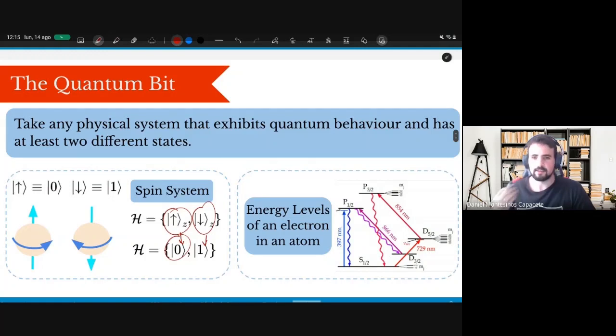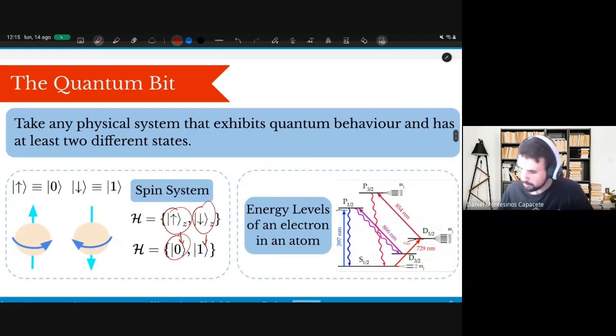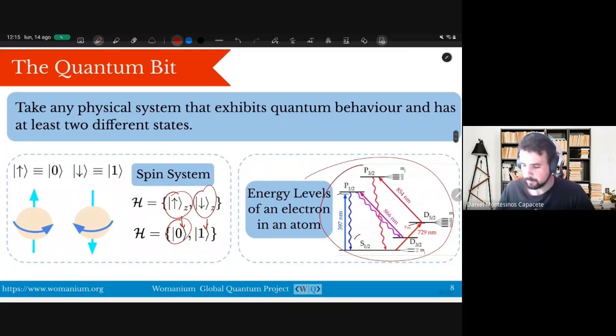But it's not strictly necessary to have just two levels. I know this picture might be a little confusing, but this is the way we represent energy levels of an atom. In an atom, you have electrons, right? An electron can be in different energy levels. So this is the way to represent it, and for example, this is the name of the first level, or the ground state level.